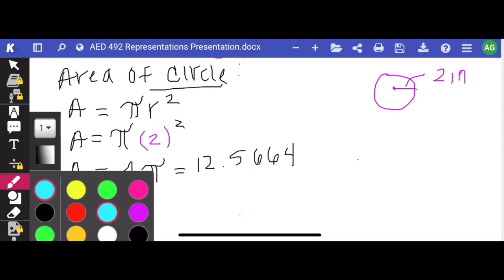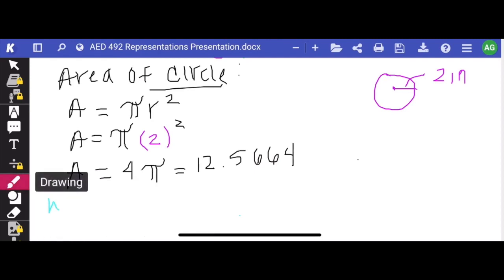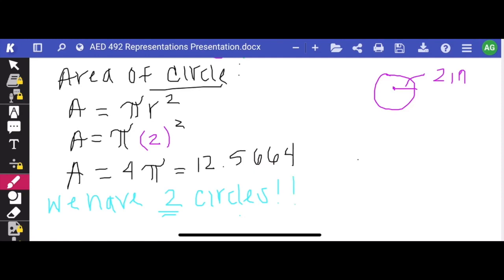Notice that in the net, we discussed that we have 2 circles. So this is a very important factor because we found the area of 1 circle and we have the area of 2 circles. So we're going to take 12.5664 and we're going to multiply it by 2.